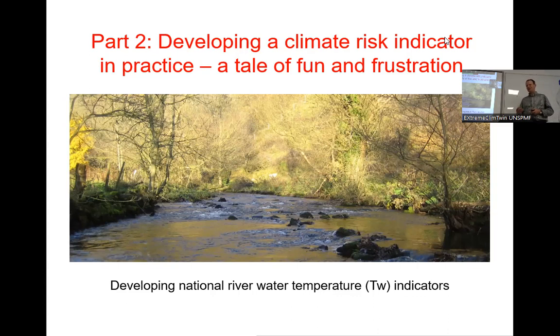Water temperature is a really important variable because it not only reflects changes in the climate, the river flows, the temperature, the bankside vegetation, but it's crucially important to the water chemistry and also to all of the plant and animal life in the river. So it's a really powerful indicator of changes in the freshwater environment.